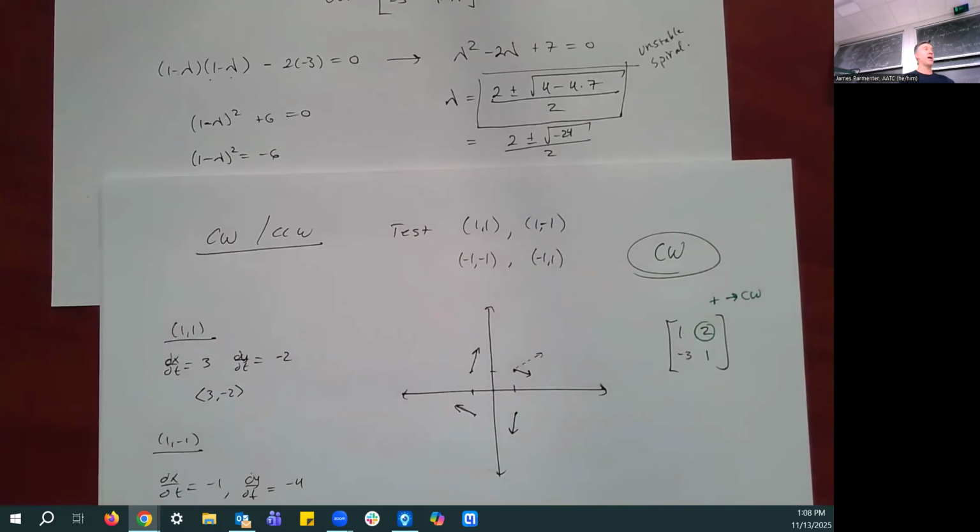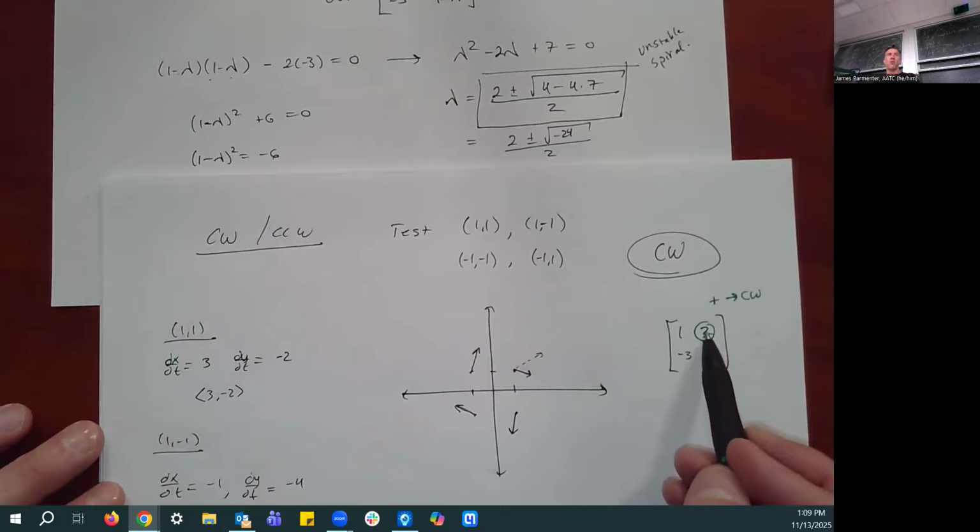If it's already a spiral, right? If it's not a spiral, like you've got a saddle and that's positive, well, cool, but that doesn't mean it's going clockwise, or the saddle is doing a saddle thing. Or if it's a node, that being positive means nothing. But if you've done the work to see, oh, I've got a spiral going on, then that being positive shows it's clockwise, and that being negative shows it's counterclockwise.